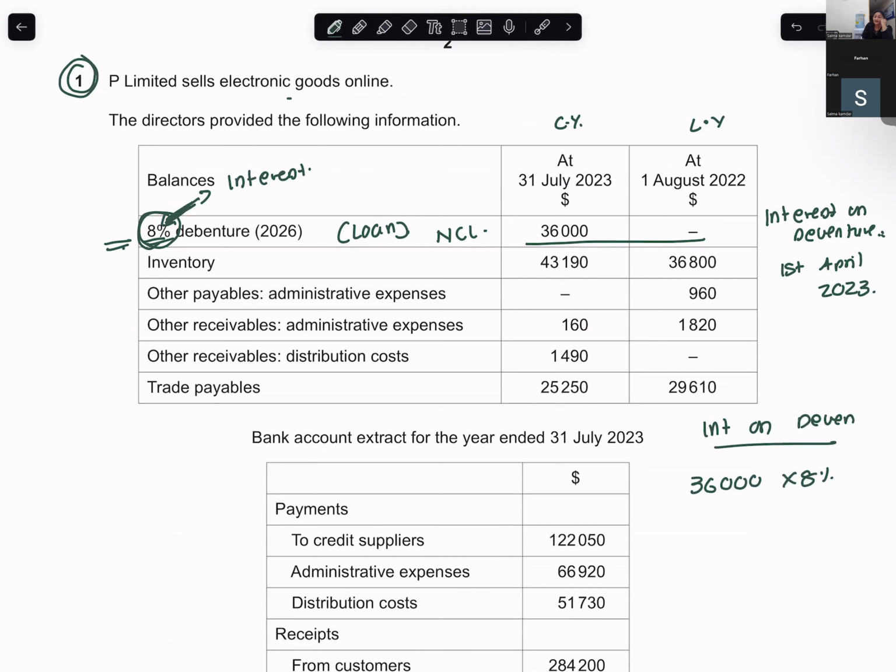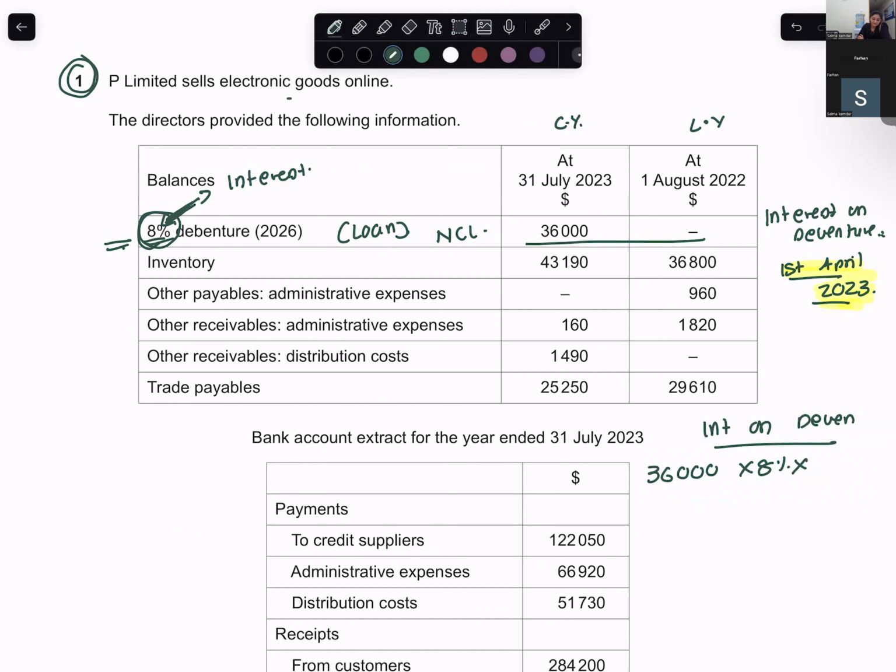No, because it was issued on 1st April 2023. Whenever the date of issue is given, that means interest is for some months.